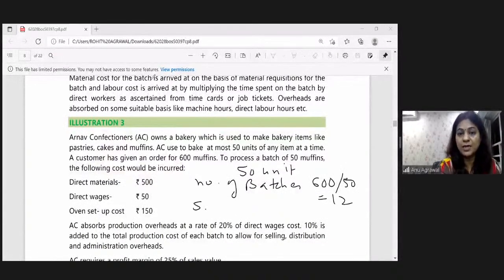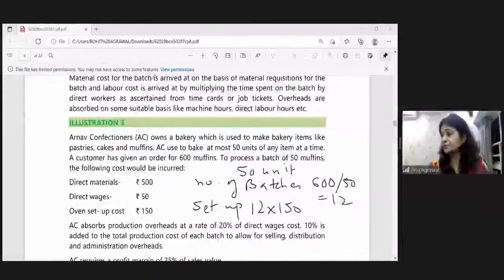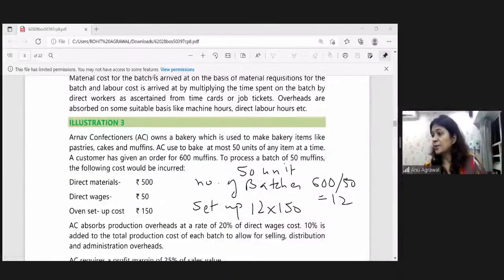So your setup cost will be how much? 12 into 150, yes or no? Yes, 12 into 150.